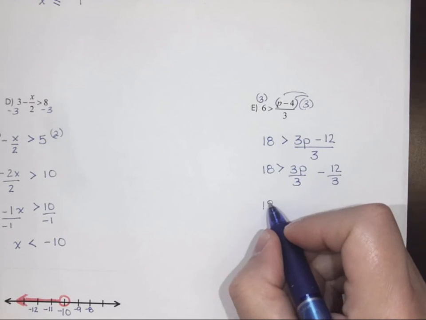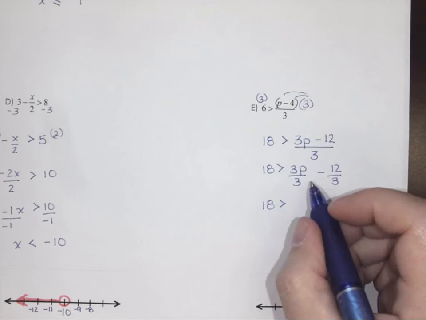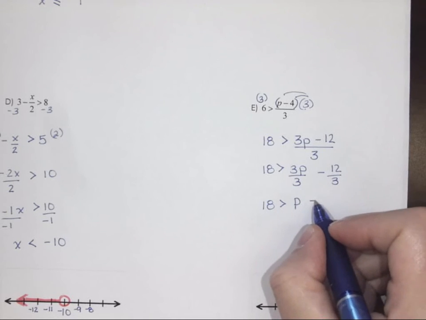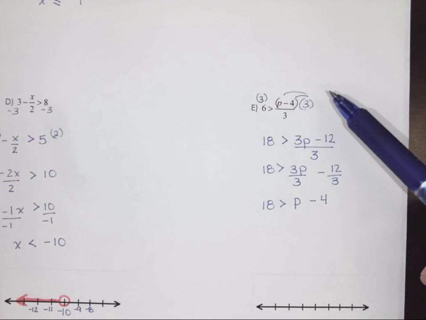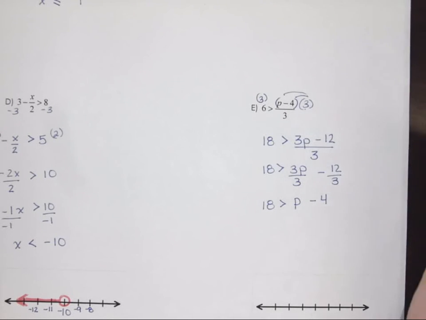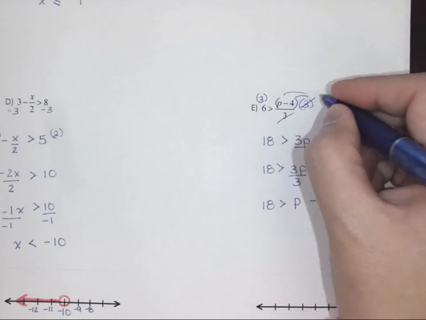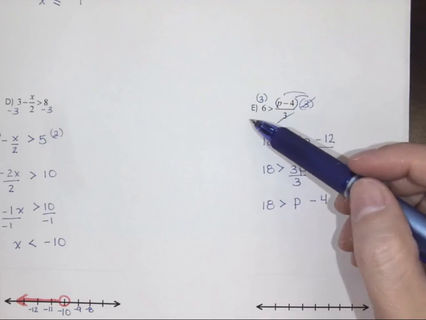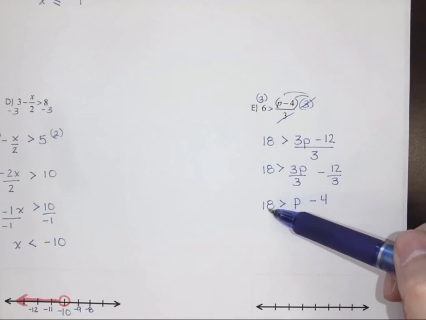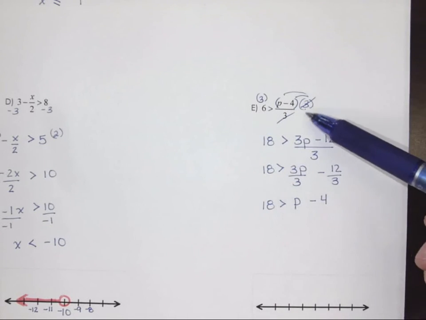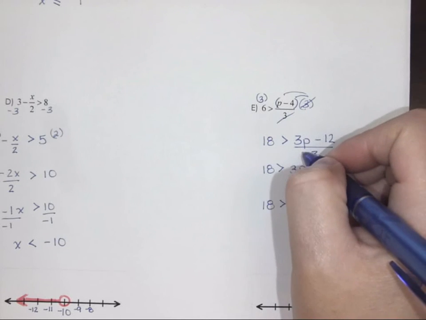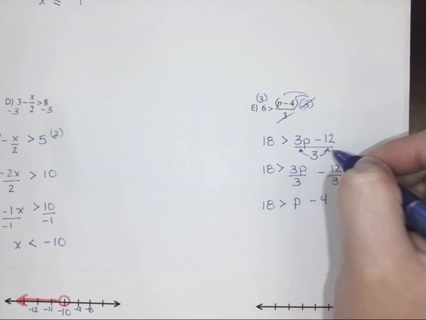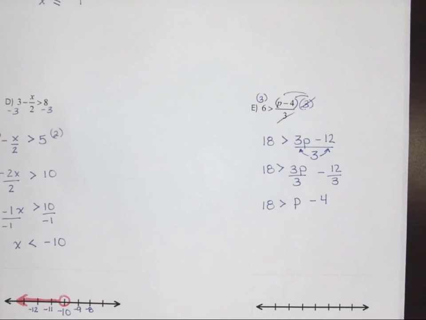So we're going to have 18 is greater than p minus 4. And this is where that faster way of crossing things out would have worked, because you wouldn't have had to multiply it in. You could just cancel those two things out and you jump right to this line here. But if you're not comfortable with it, work it through. Or you don't even have to write this line because you know that this is going to go into here and you know it's going to go into here because we did that in our polynomials unit.